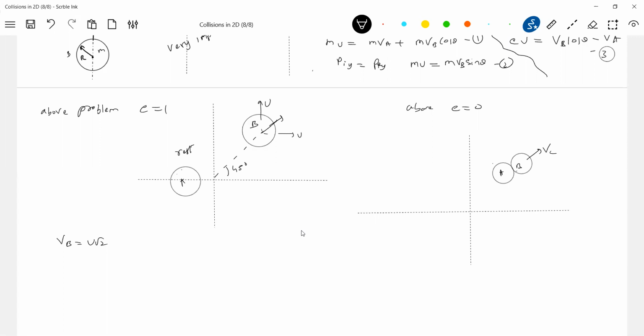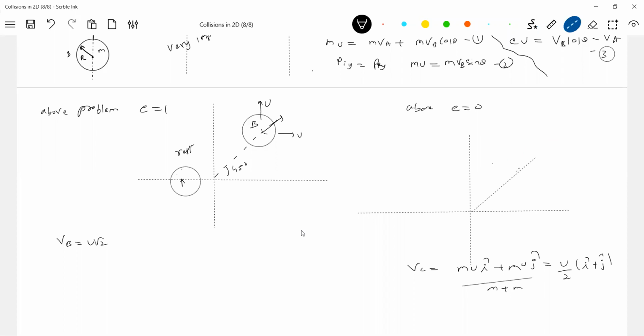What is the velocity of the center of mass? It should be equal to (mu i cap plus mu j cap) by (m plus m). So this should be u by 2 (i cap plus j cap). Analysis is very important. It's not that I just write some equation and get the answer.